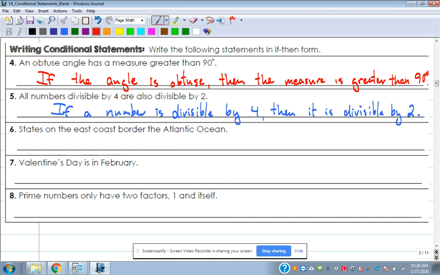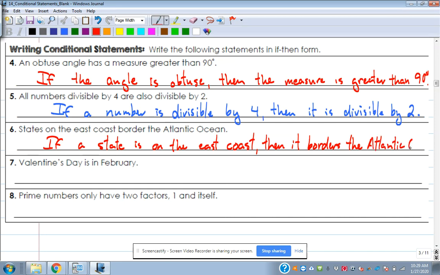So if-then form. Somebody give me the if-then form. Yeah, if a state is on the East Coast, then it borders the Atlantic Ocean.